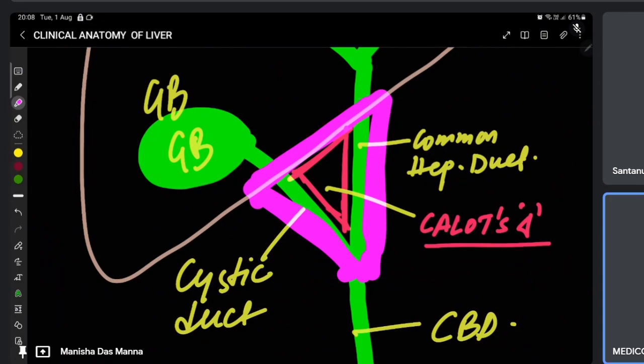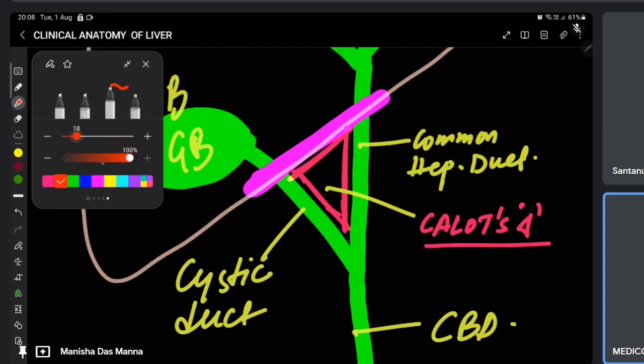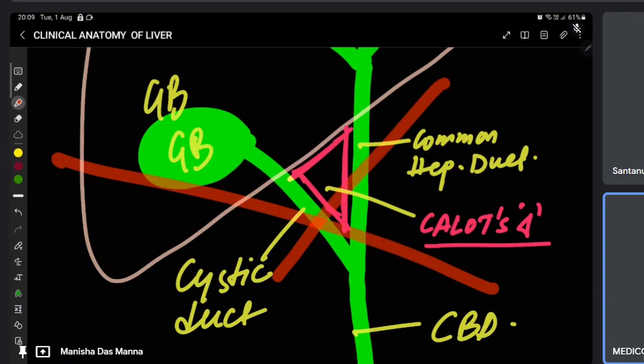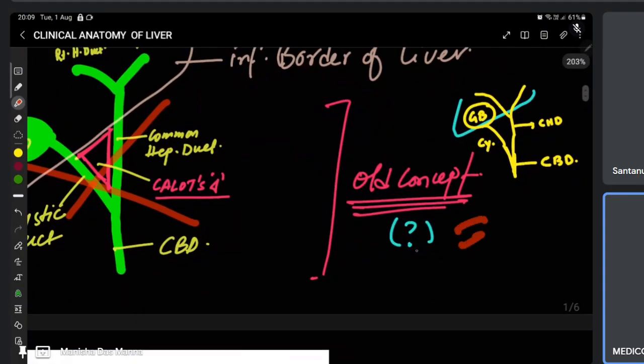Previously it was called the Calot's triangle, but recently, this is not the Calot's triangle. So this is a very wrong diagram. This is the old concept of Calot's triangle. This is wrong.